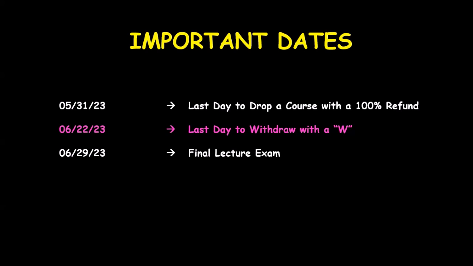They do wait to the next to the last week. But it will show up on your transcript as a W. It won't affect your GPA, but it does show up. And then the final exam, the last day that we meet, is really 30 days from now, which is June 29th. All right. So that's when that is.